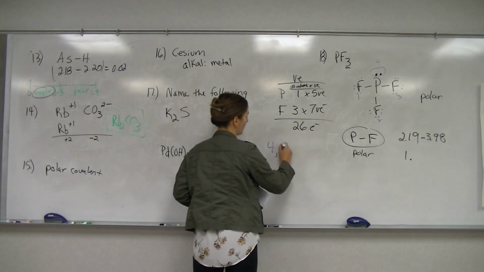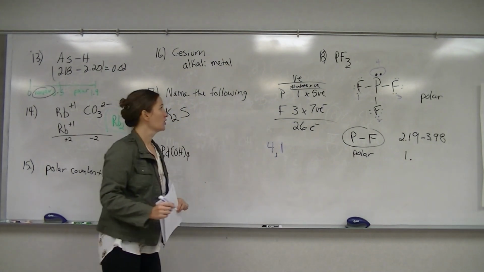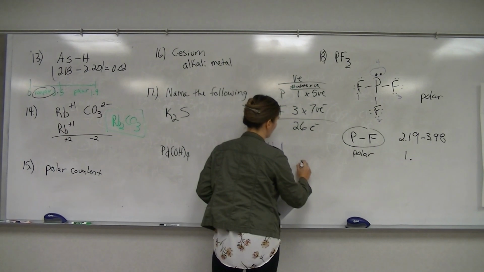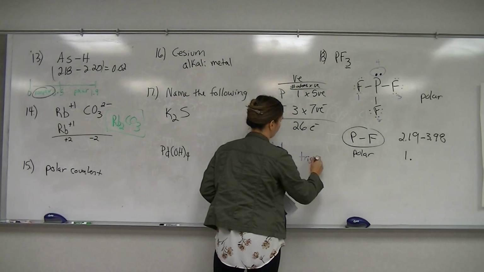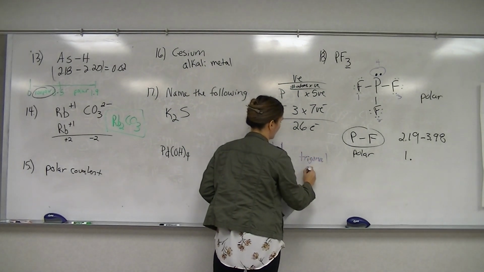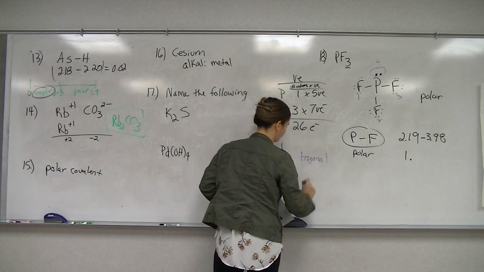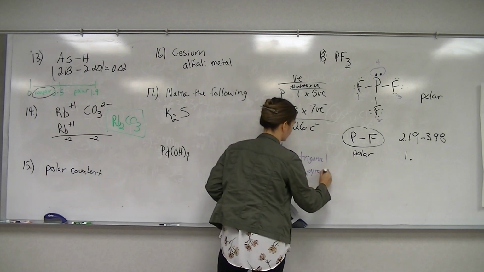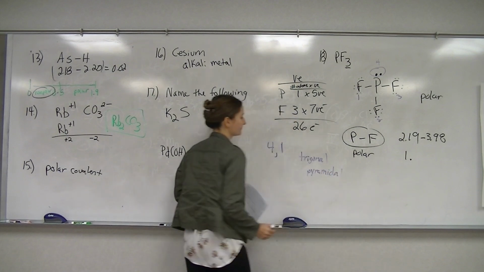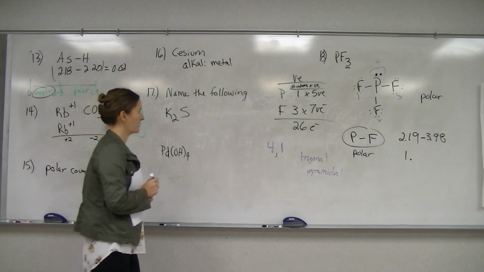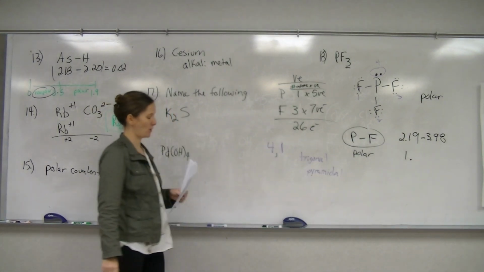So we're looking at 4 comma 1. So this guy would be trigonal pyramidal. Pyramidal, can't spell. Bond angles less than 109.5, I believe.